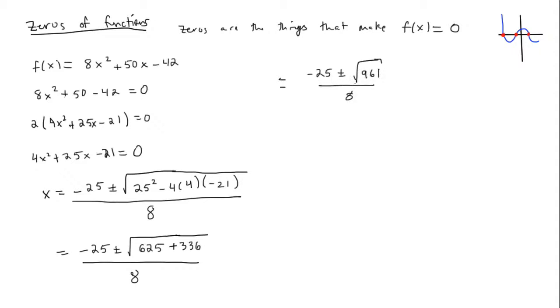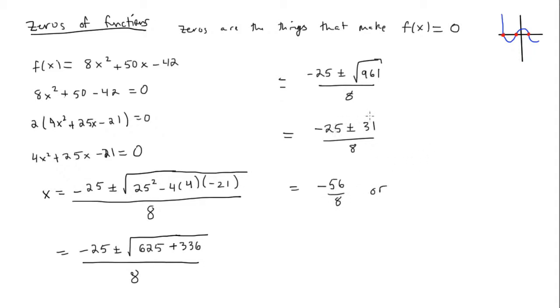Let's see if 961 happens to have a nice square root, kind of a big number. Maybe we'll get lucky, and we do. That's nice. It turns out that the square root of 961 is 31. So we have all over 8, and negative 25 minus 31 is going to be negative 56 over 8.